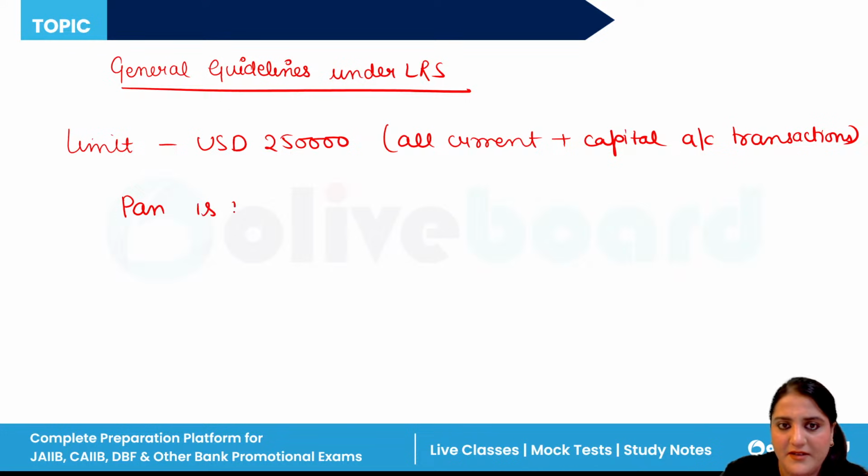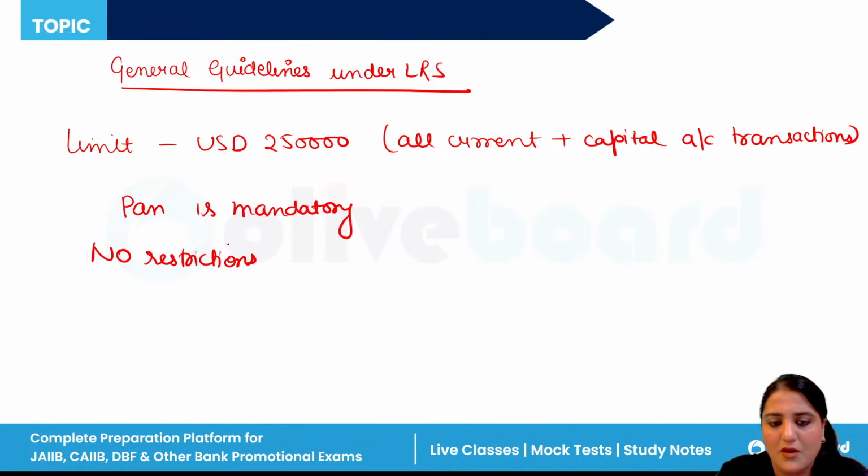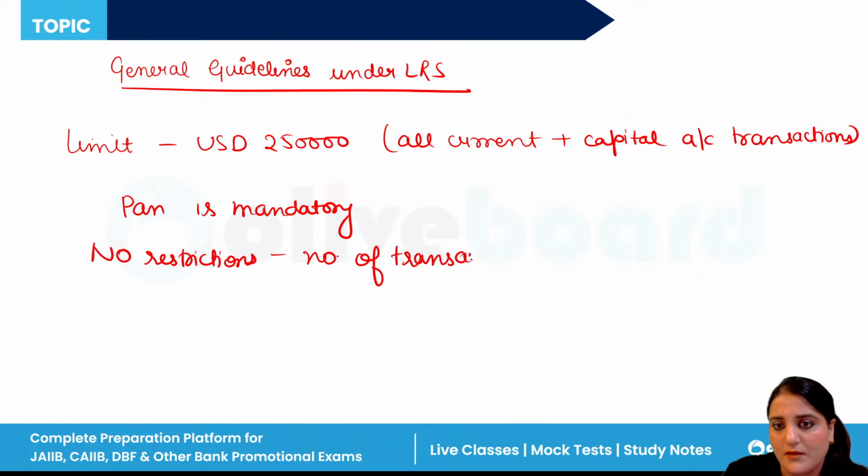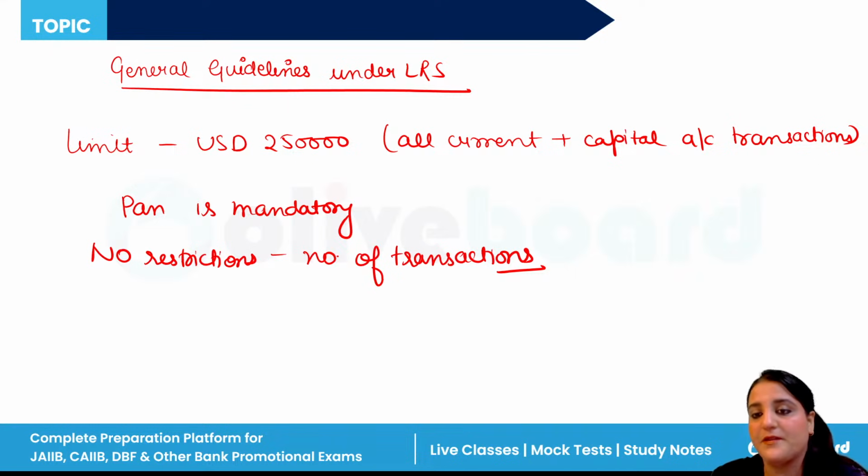PAN is mandatory. There are no restrictions on the number of transactions. Anybody can do any number of transactions, but the limit should be under $250,000 per financial year, right?